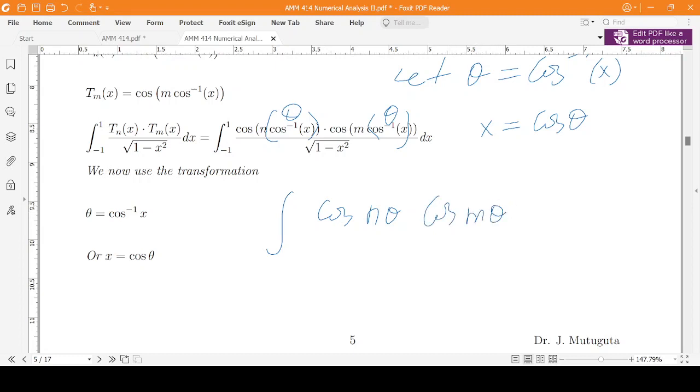But we also need to look at the limits of integration. What will be the new limits of integration here when we use that?